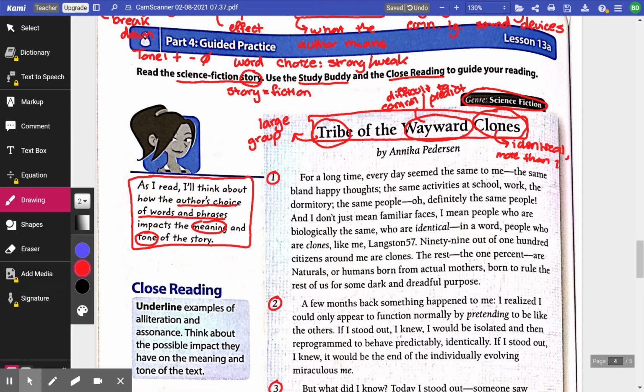So, all of these, the author's word choice and the phrases and words that they decide to use, are all going to work together to create unity in the text.